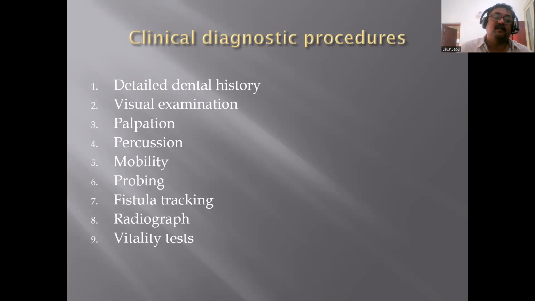In the same way, if there's any fistula in the oral cavity, trace it and take a radiograph to identify the tooth in question, from where the source of infection is. And the vitality test is very important in diagnosing an endo-perio lesion. So we'll come to all this in detail.